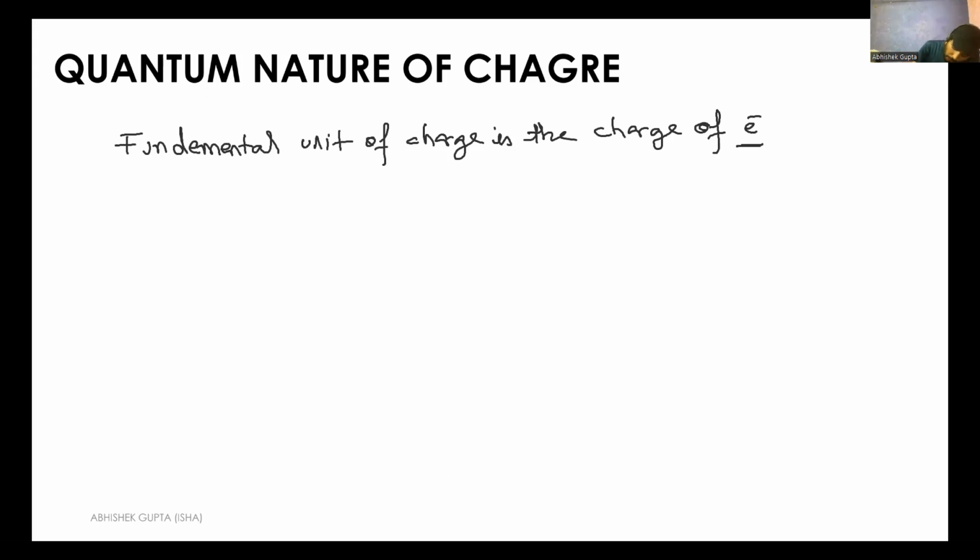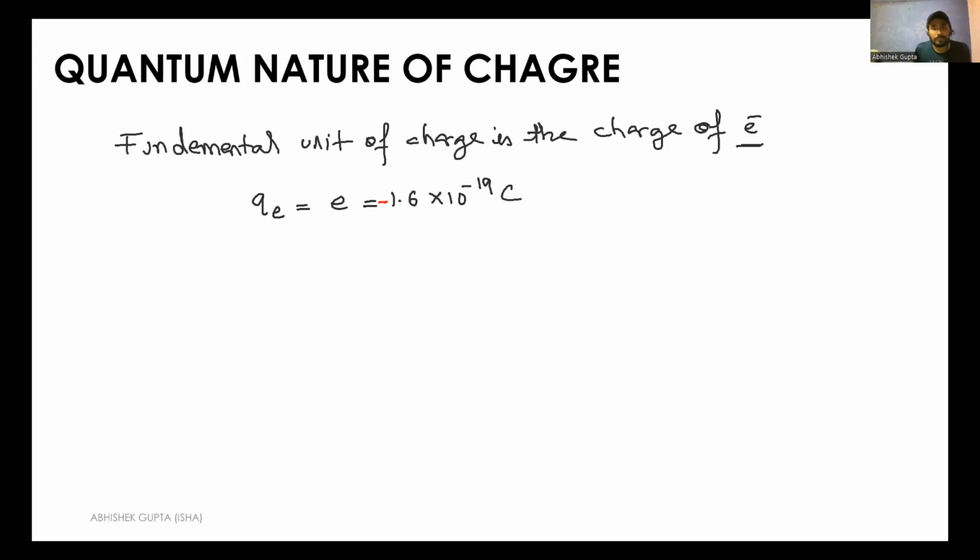The charge of the electron we will represent by small e, and the value turns out to be 1.6 into 10 to the power minus 19 coulomb, where capital C stands for coulomb, the unit of charge. And since electrons are negatively charged, we use a negative sign.